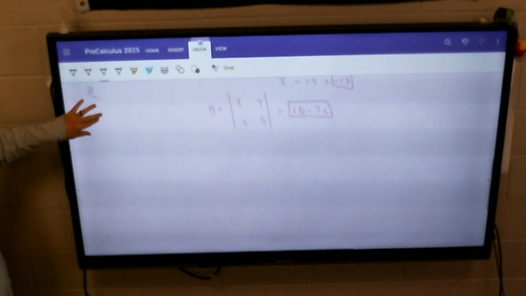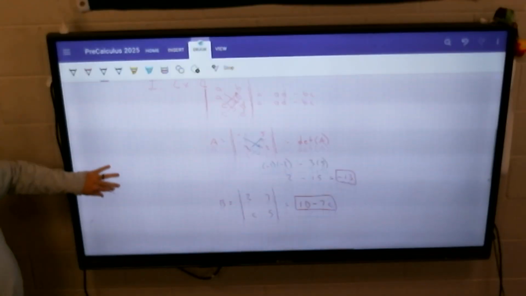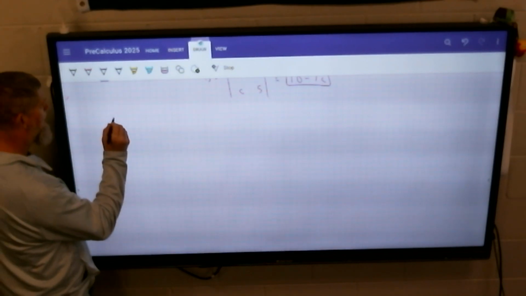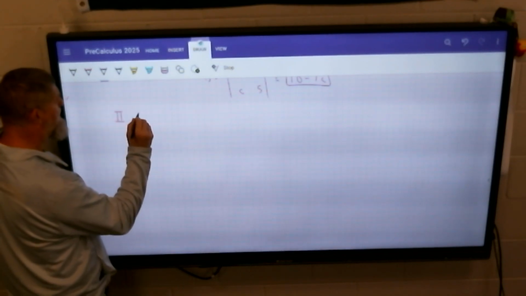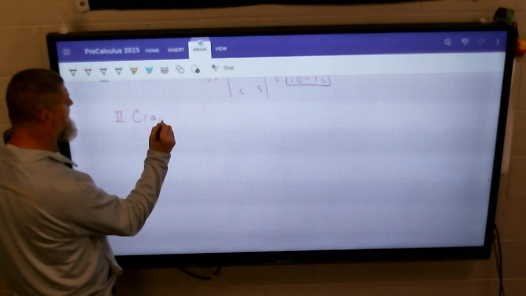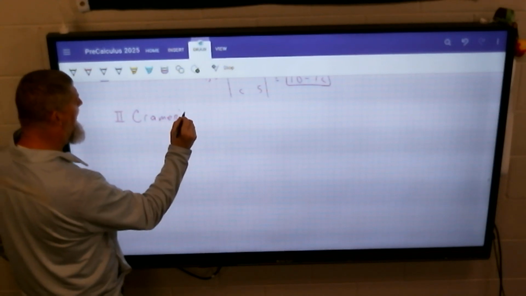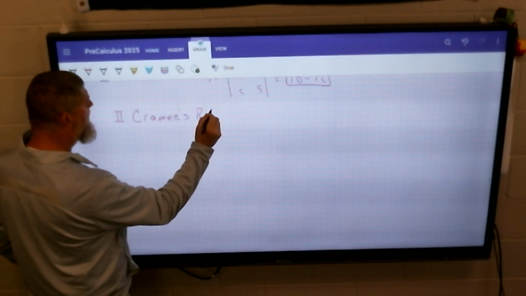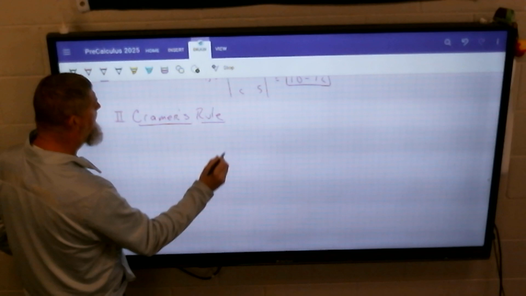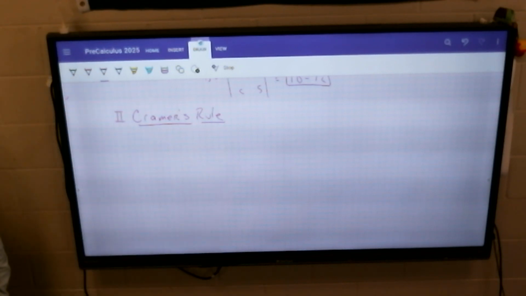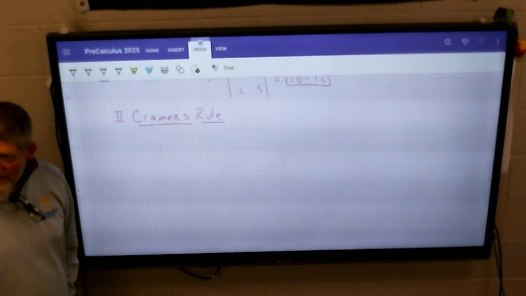Okay, so along comes a guy, let's see, Roman numeral 1, let's do Roman numeral 2. Along comes a guy named Cramer, and he comes up with this rule that's actually quite fascinating. Let's start this, I don't know if we'll finish it today.